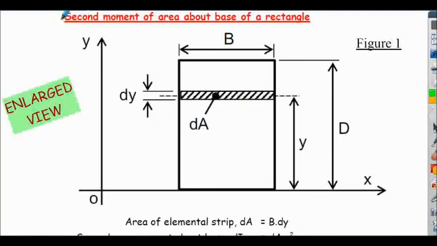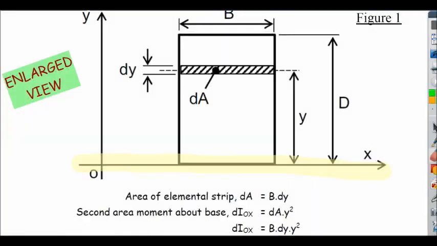Just for reference on this slide, I've shown the same calculations as on the previous slide for the second moment of area of the rectangle about the base, OX, just using an enlarged view and slightly more detail. So I'll let you review this at your own pace. We'll start off in the same way. The elemental strip dA is b dy, and the second moment of area of the elemental strip shown here is b dy y squared.